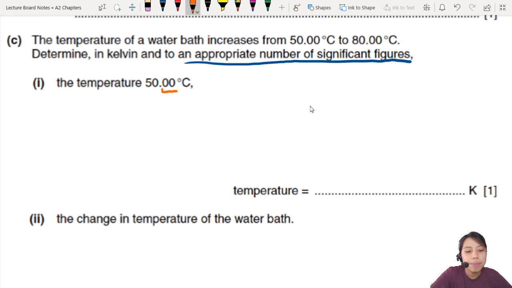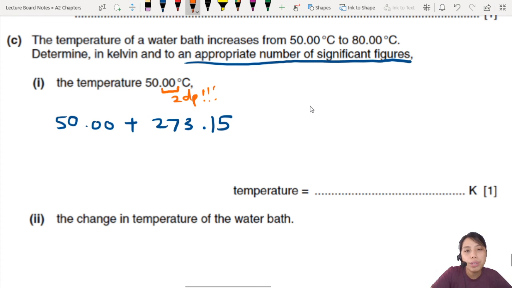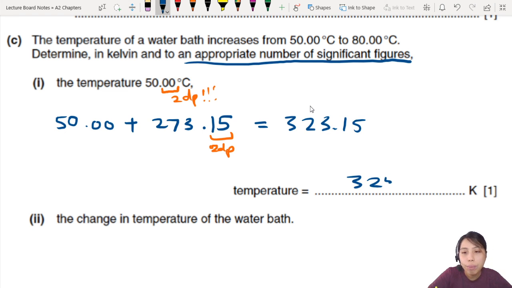You see, this is 2 decimal places, which means when you convert from Celsius to Kelvin, you need to add 273.15, also 2 decimal places, because you have to match your raw data. So here you add, you get 323.15 Kelvin. Must I write the whole thing? No, because they already tell you they want an appropriate decimal place. So 1 mark here.